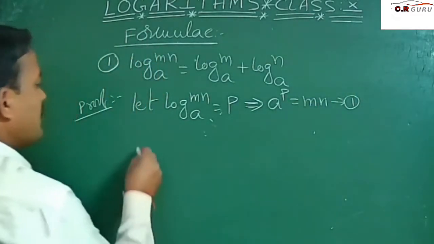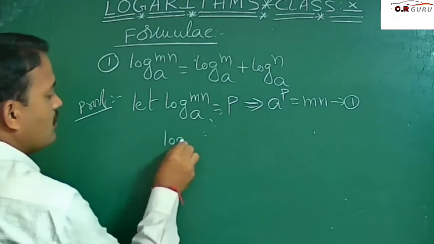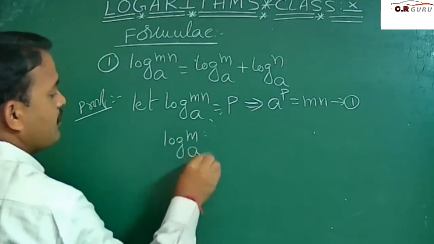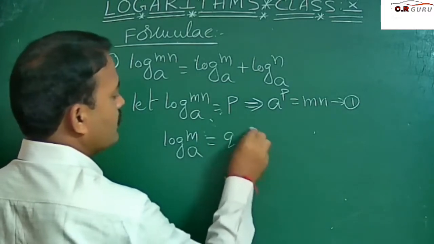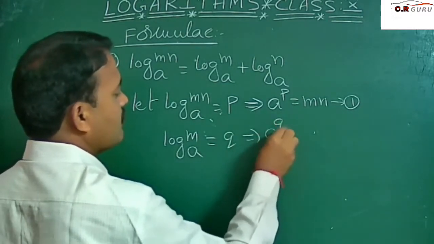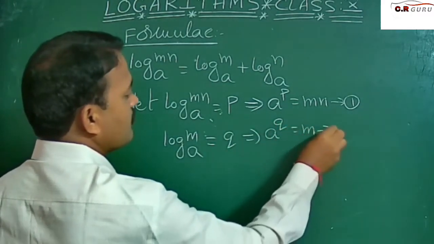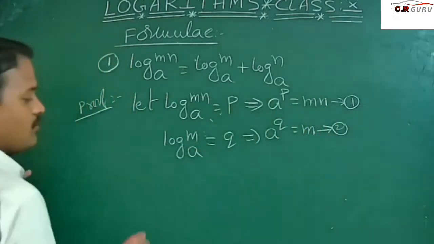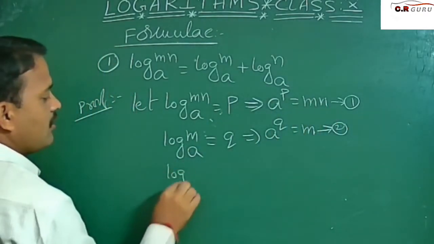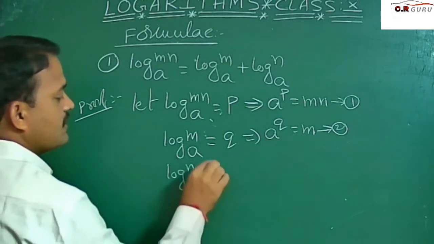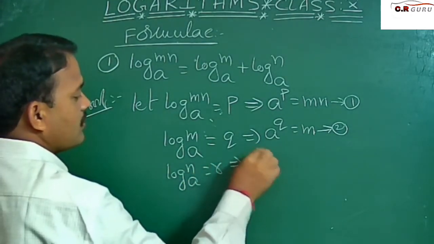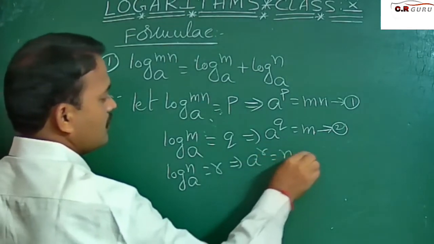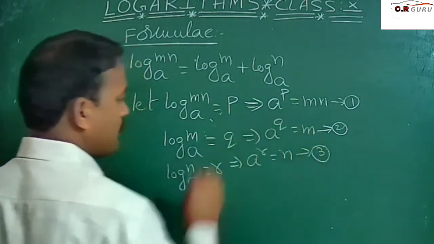Similarly, log m base a is equal to Q, that implies a to the power of Q is equal to m. That is equation number 2. Next, log n base a is equal to R, that implies a to the power of R is equal to n. That is equation number 3.